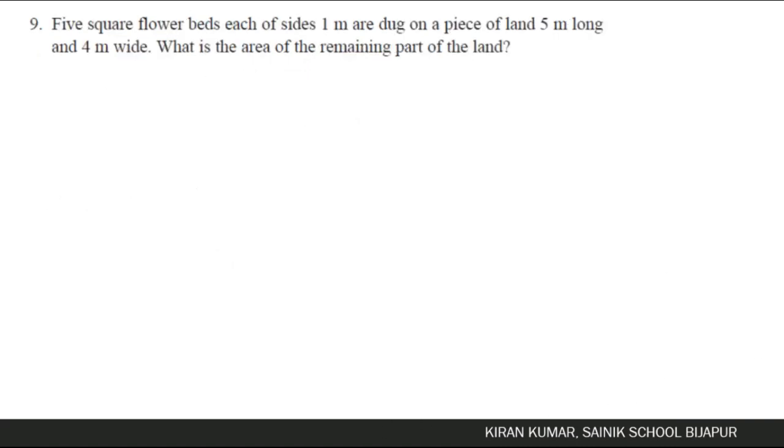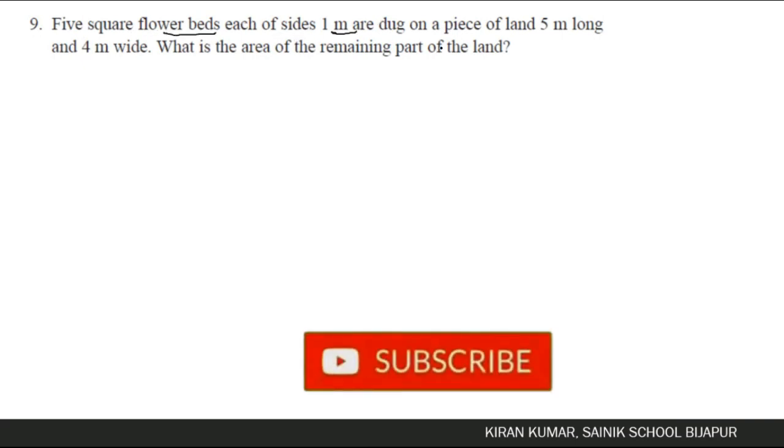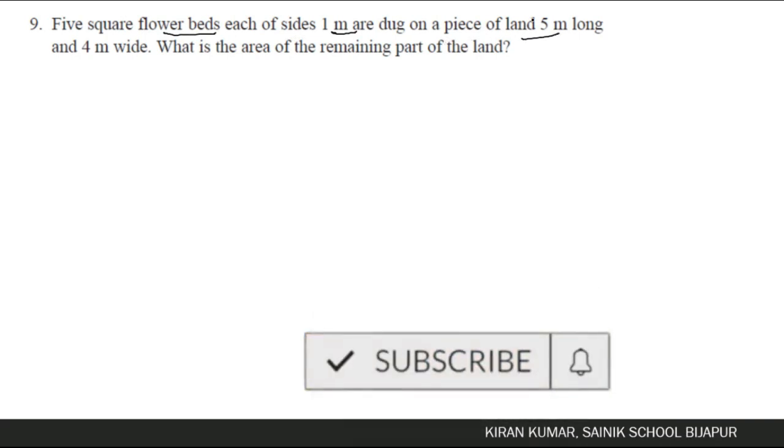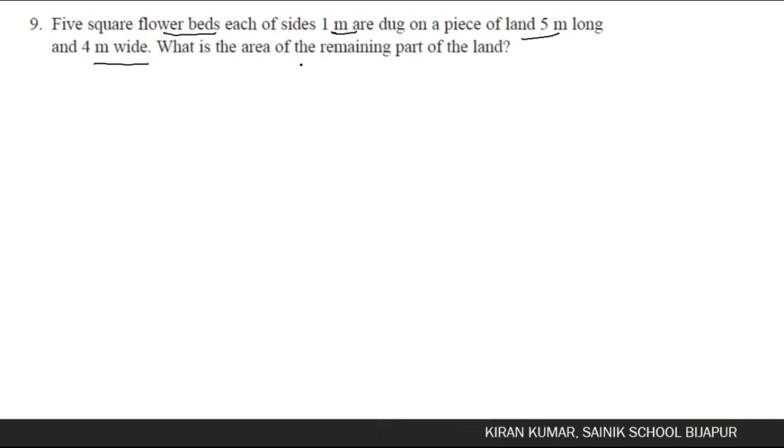Question number 9. 5 square flower beds, each of side 1 meter, are dug on a piece of land 5 meter long, 4 meter wide. What is the area of the remaining part of land?